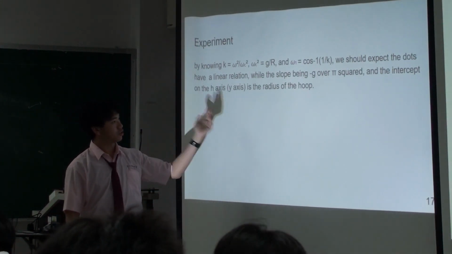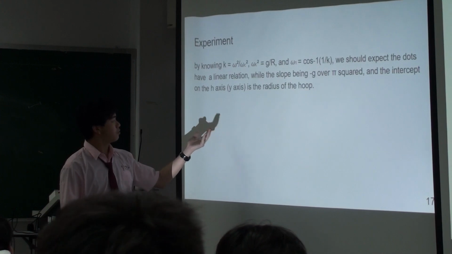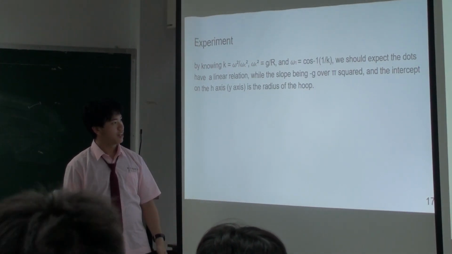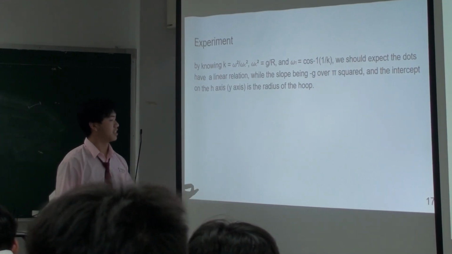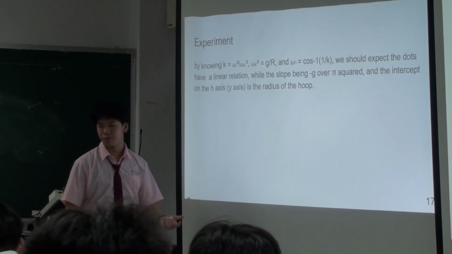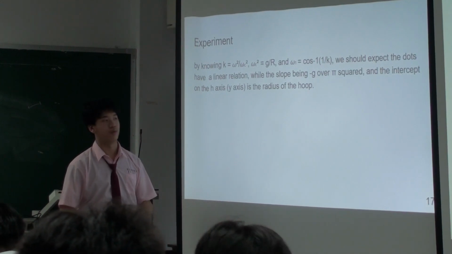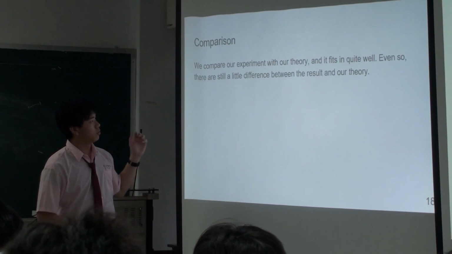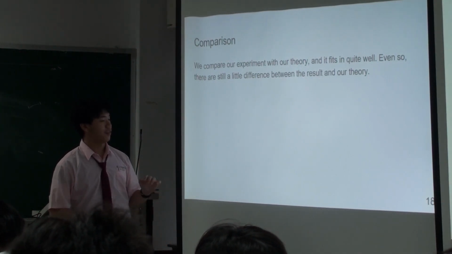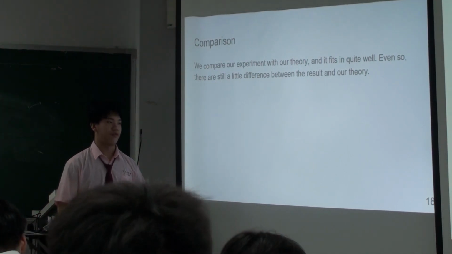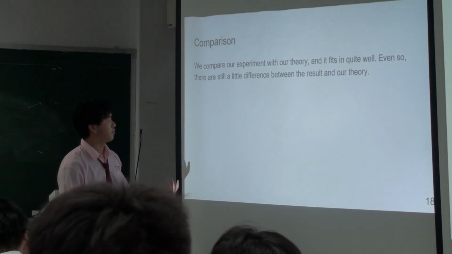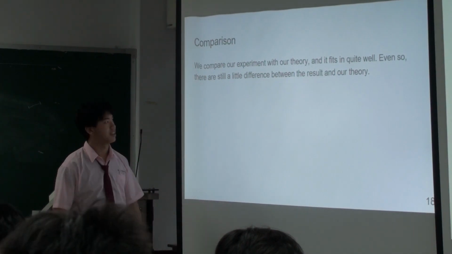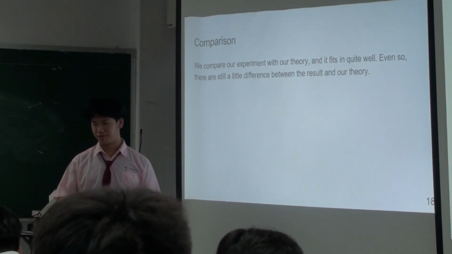We should expect the dots to have a linear relation, with the slope being minus g over pi squared, and the intercept on the y-axis being the radius of the hoop, which was close enough to our experimental result. By comparing, it fits quite well. The hoop radius is about 0.1, and it fits well, but there is still some little difference that you might see between our result and our theory.